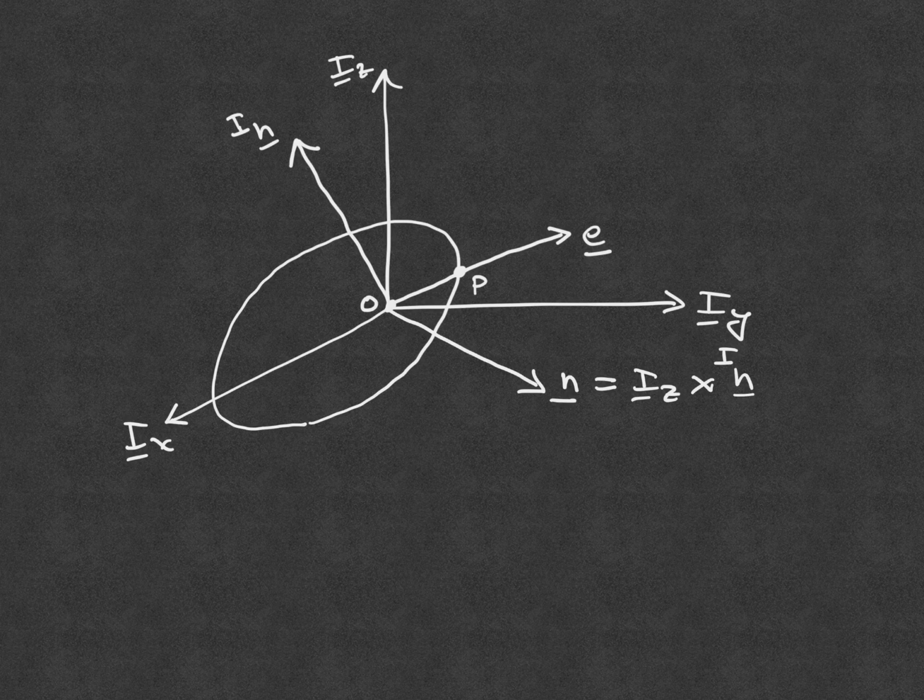This vector is what's called the line of nodes. And this point on the orbit that is along this vector N, this point is what's called the ascending node.